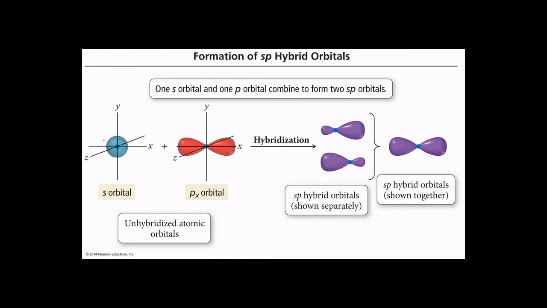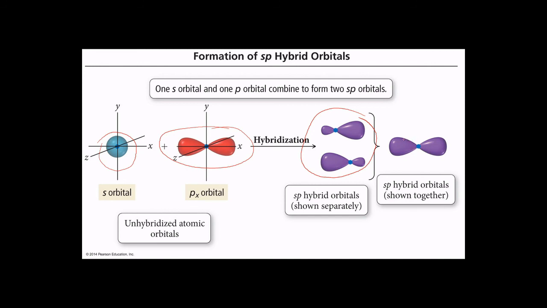Take an s orbital, a p orbital, add those together, and what you get is kind of a mix between the two. So we have these 2 orbitals as a result, and when you overlap those, they look like this. And this matches perfectly with what we see.